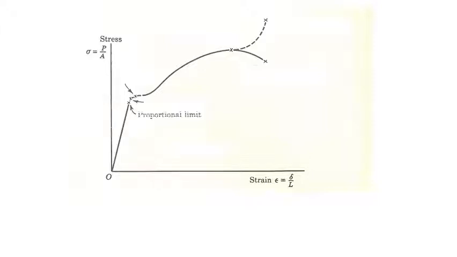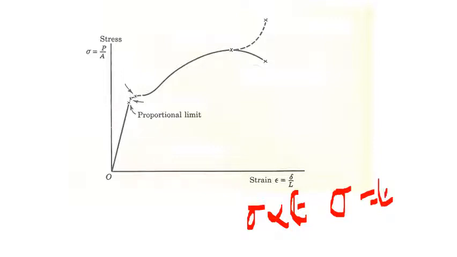What are the terminologies normally we use here? First thing is the proportionality limit. Proportionality limit is the limit where stress is directly proportional to the strain, or sigma is equal to E into epsilon naught, where E is the Young's modulus.